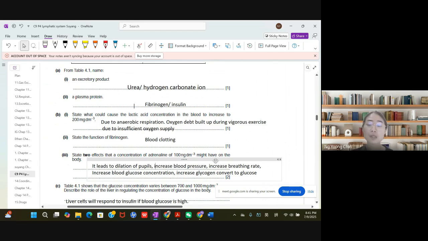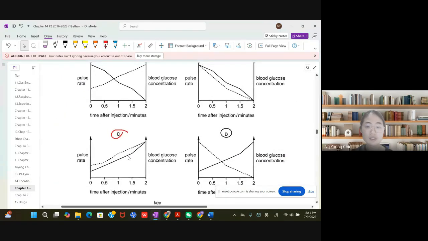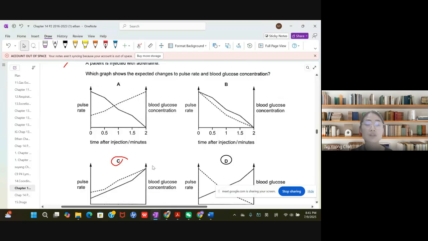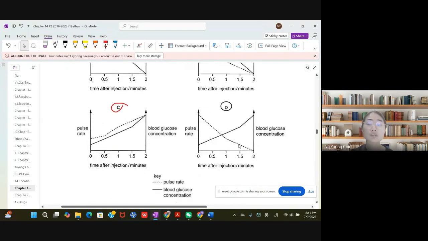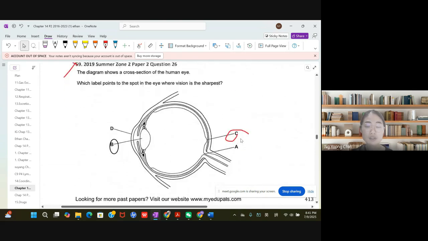They will increase the supply of glucose to the muscle, which means they need to convert the glycogen into glucose first. So those are the functions of adrenaline. So both will increase also because it increases pulse rate. You also increase the blood glucose concentration. So both will increase. And then for this one.